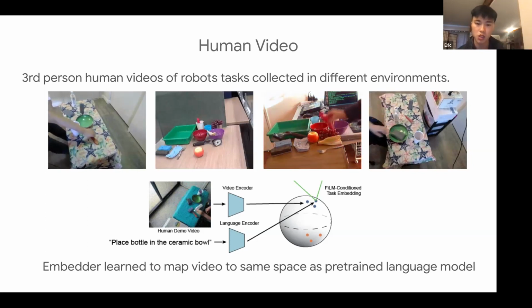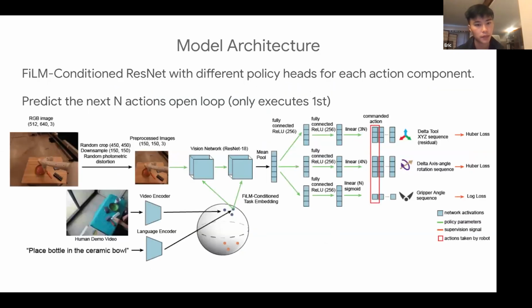If you want to get generalization to new tasks, you need to align it in some space that is compatible with the compositional structure of language. And this is similar to my hypothesis that language is the substrate for generalization, not just a UX method for providing your robot with what to do.